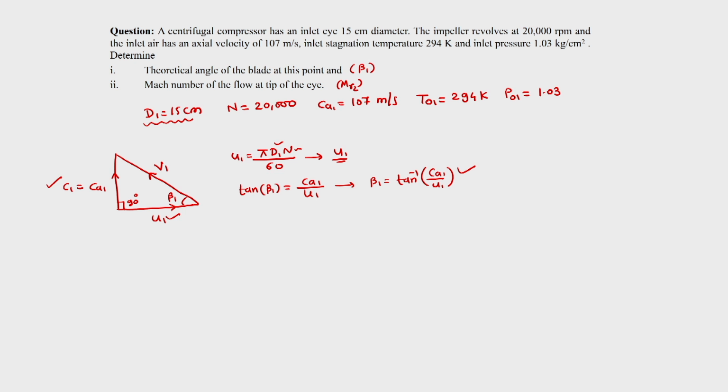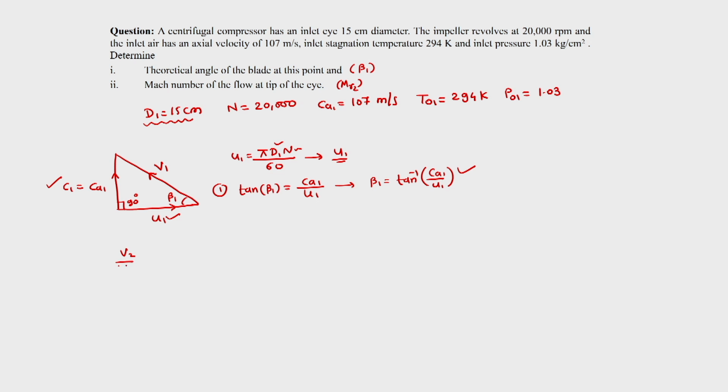Now we have found the first answer. Now we are supposed to find the second answer, which is the Mach number of the flow at the tip of the eye. For that we have to find V2, which is the velocity at the outlet. Once V2 is found, we can find the Mach number.